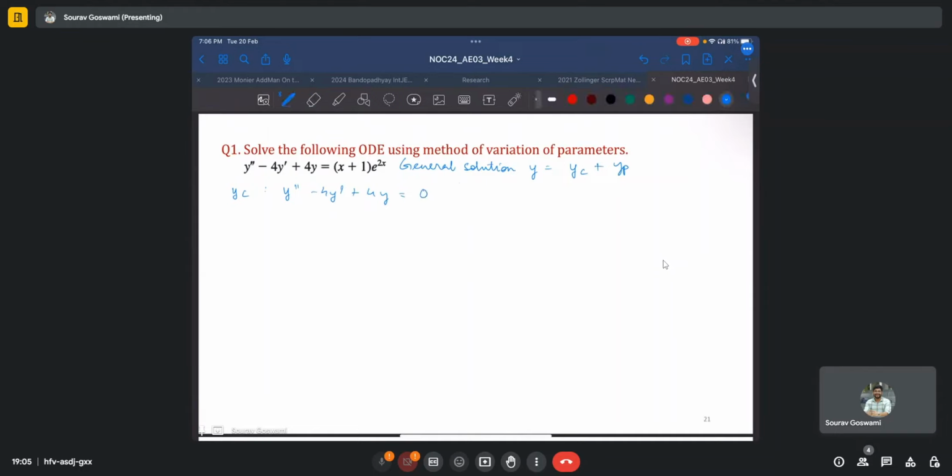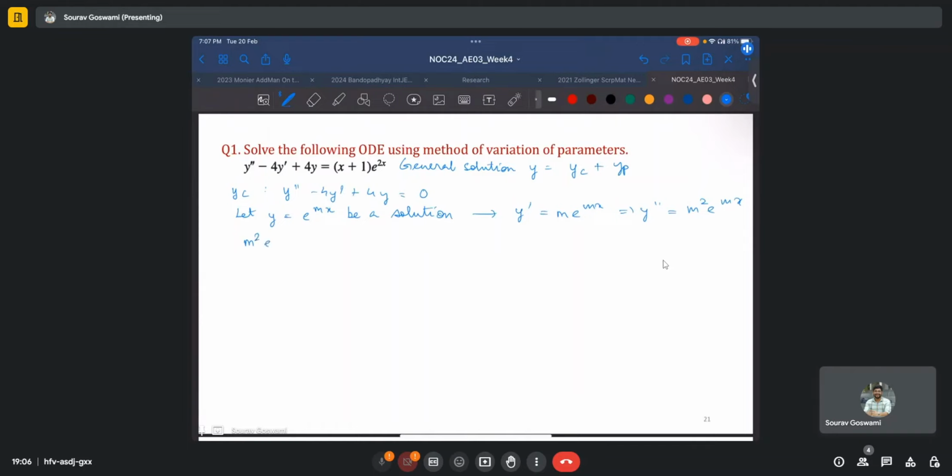So we assume a solution of the form e power mx, e power lambda x, anything, and substitute it back. So this will give y prime equals m e power mx and y double prime equals m square e power mx. Let's substitute these values back into the equation given to us.